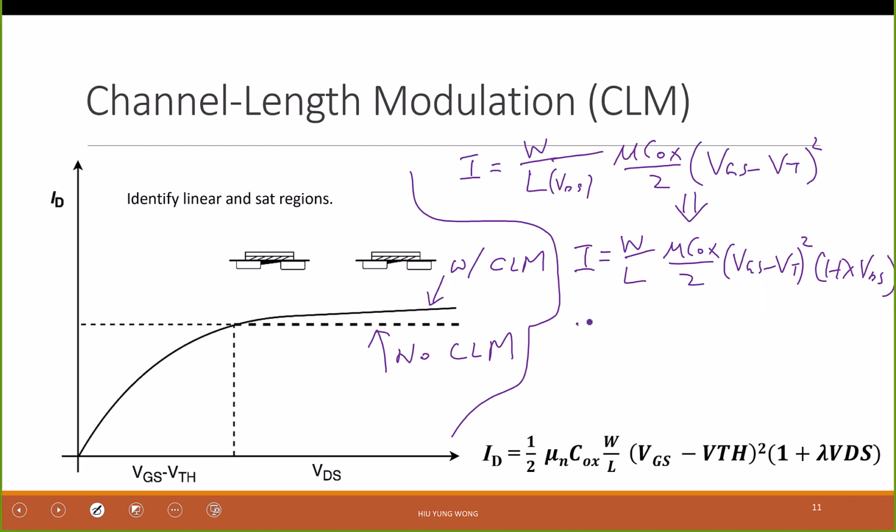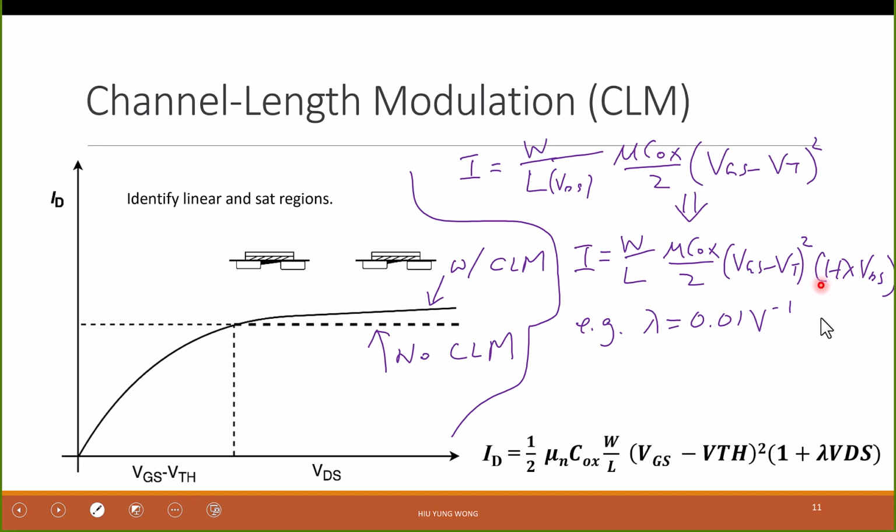For example, lambda can be 0.01 per volt. Now, if I ask you what the unit is, no one will remember in the interview. But you should be able to intellectually deduce it.